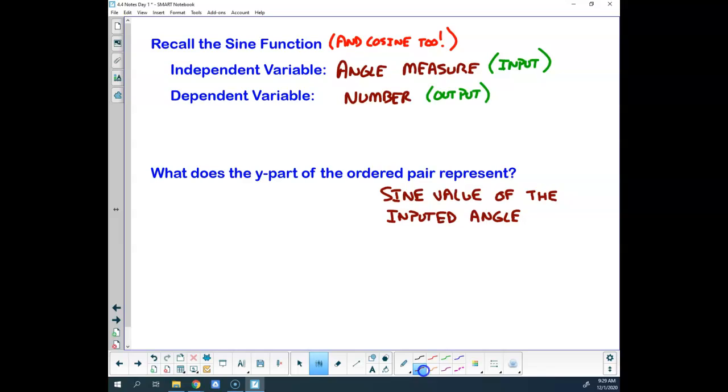Or, truly, the y part of the ordered pair would represent the trig value. Instead of saying the sine value, let's say the trig value there. I think trig value is a better saying, because then we're dealing with whatever function we're dealing with.